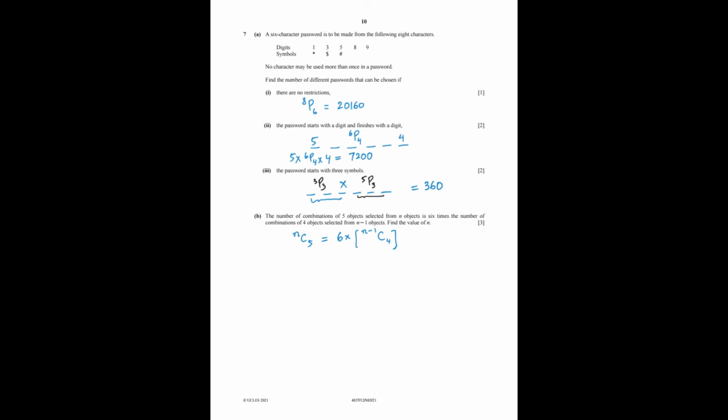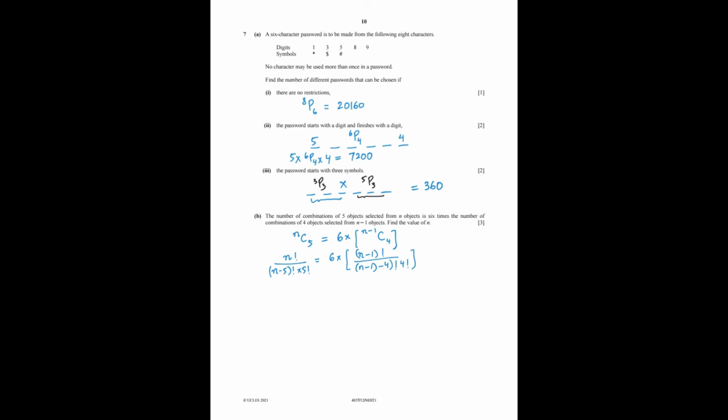We can expand using the working formula here, so that will be n factorial divided by n minus 5 factorial times 5 factorial equals 6 times, and here we apply the same formula, n minus 1 factorial divided by n minus 1 minus 4 factorial into 4 factorial.